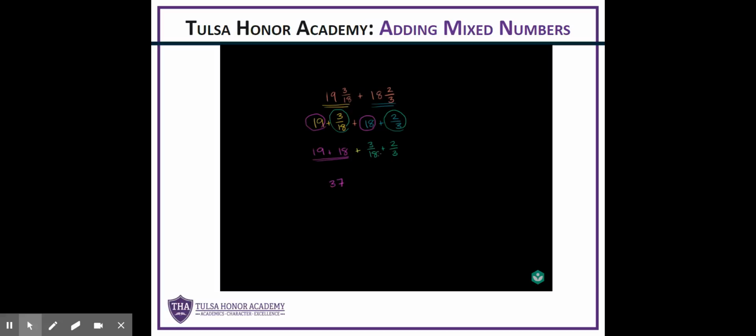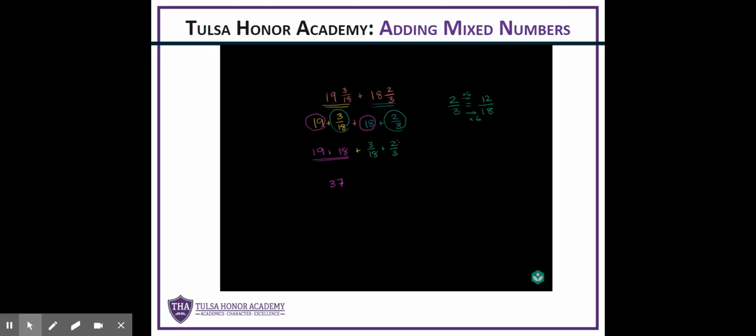And then 3/18 plus 2/3, to add them, I need to have the same denominator. And the least common multiple of 18 and 3 is 18. So let's convert 2/3 to something over 18. So 2/3, if I want to write it as something over 18, I multiply the denominator by 6, so I'd also have to multiply the numerator by 6. So it's the same thing as 12 over 18.